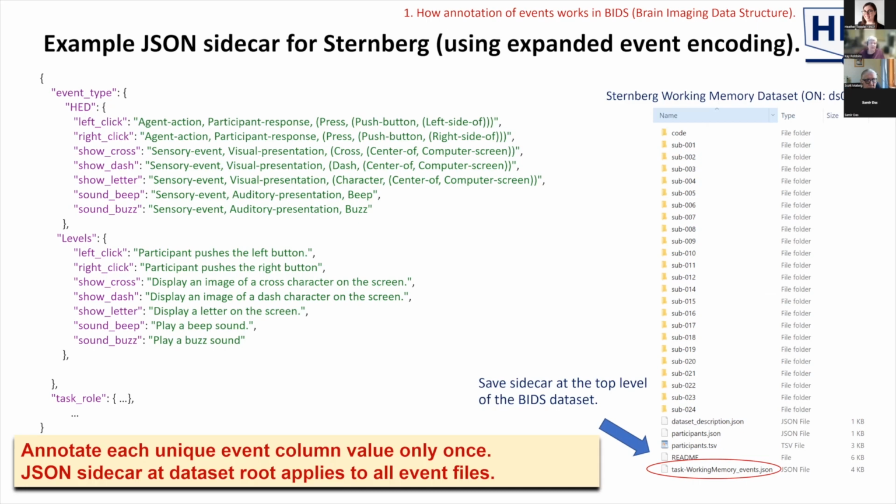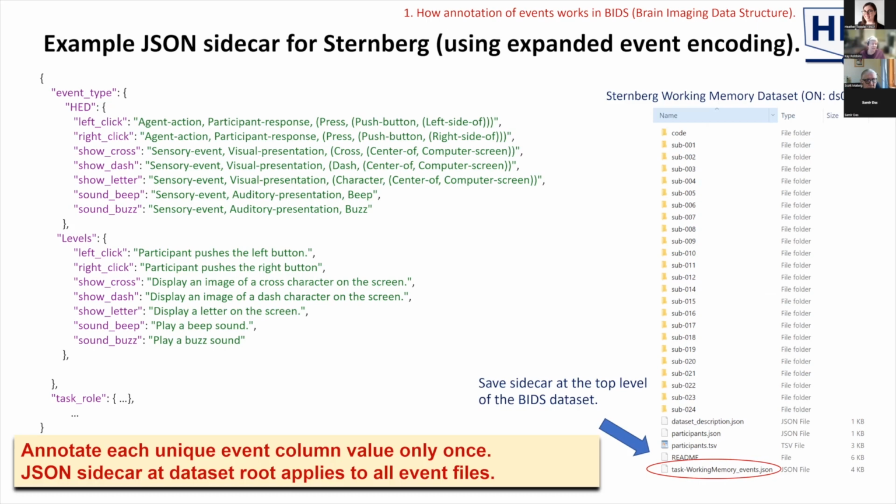So that's the process. You get a JSON file or a table with unique values. You then annotate those values using HED, and you put the JSON file in the top level of your BIDS data set.